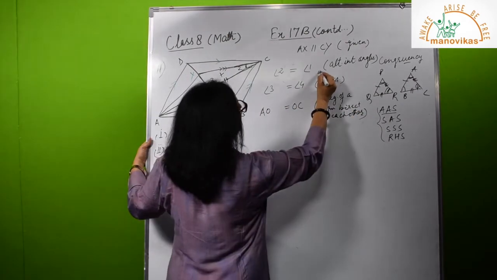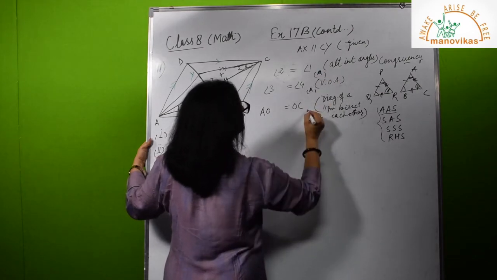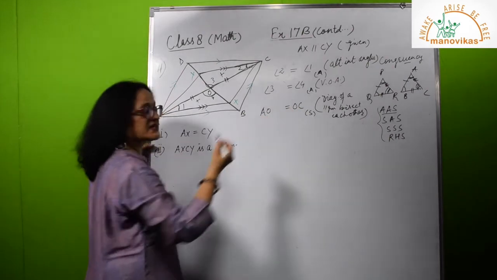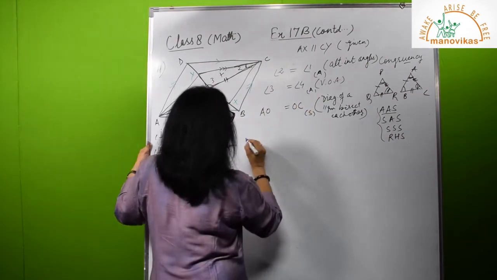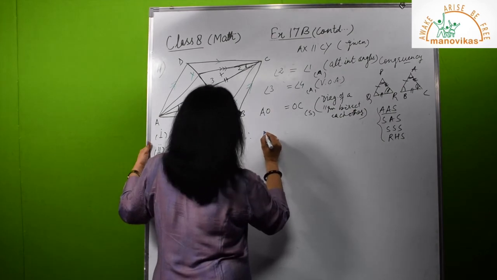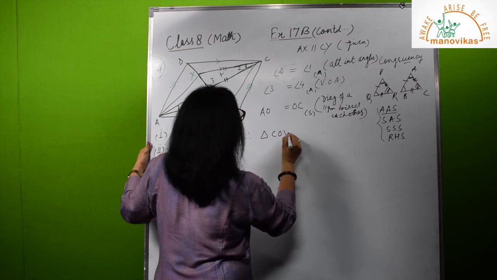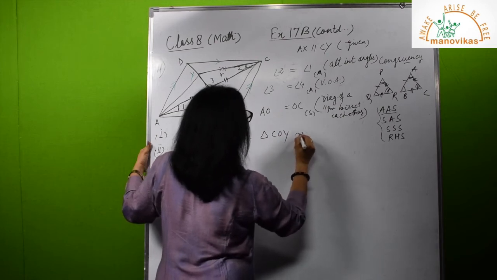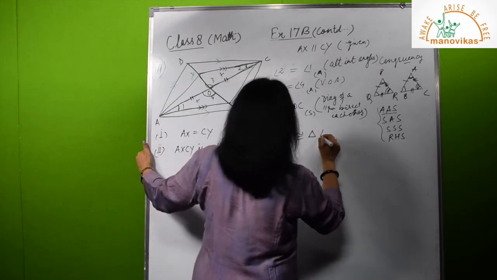Now this is an angle, this is an angle, and this is a side. So which criteria is here? AAS. So we can directly say that triangle COY is congruent to triangle AOX.